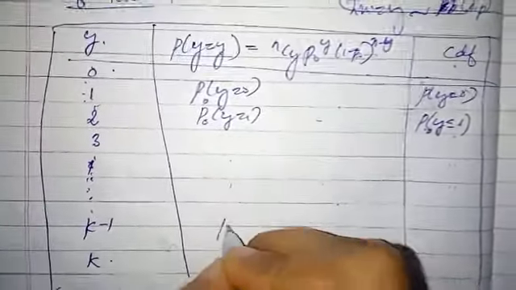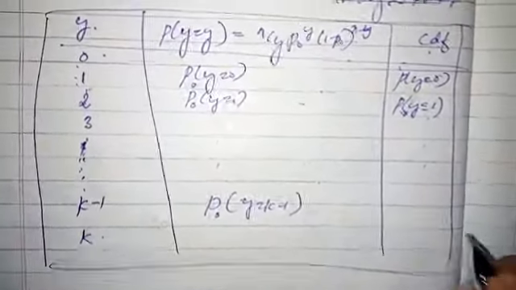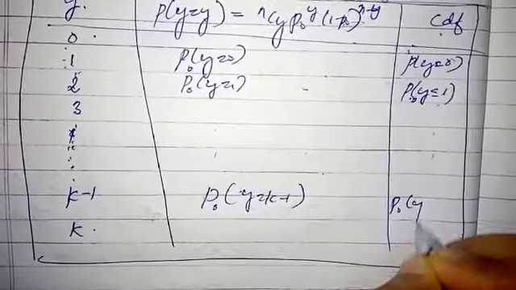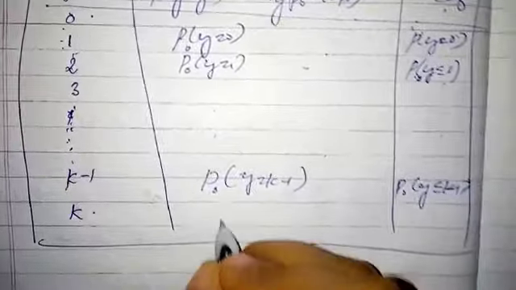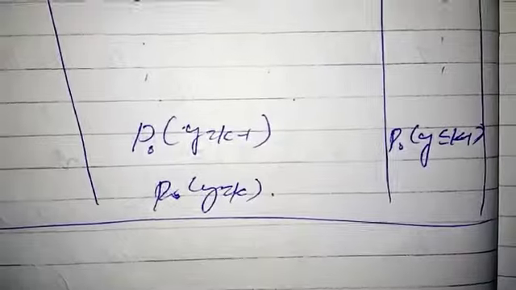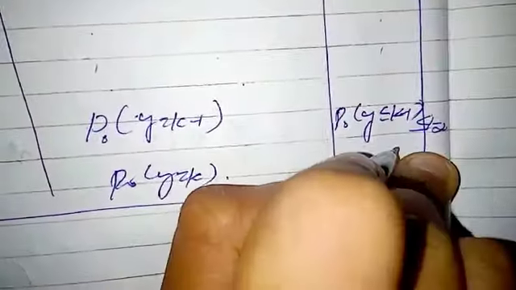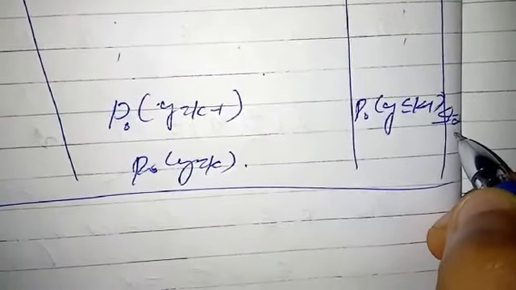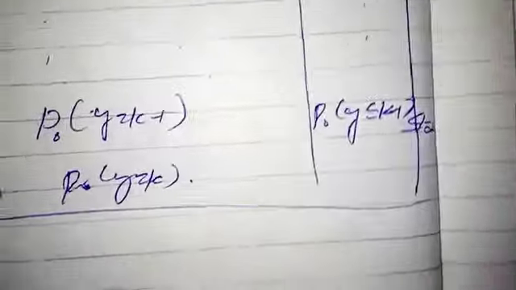So similarly, here the density of Y equal to k minus 1, then here probability of Y less than or equal to k minus 1, then here probability of Y equal to k, right? So when the cumulative density exceeds 1 minus alpha at the first time, the corresponding value of Y is k.